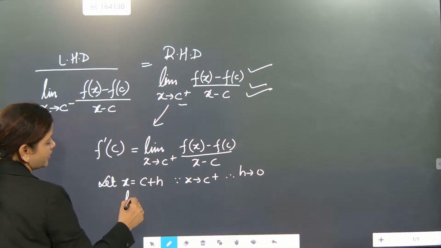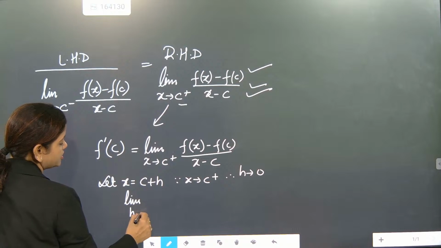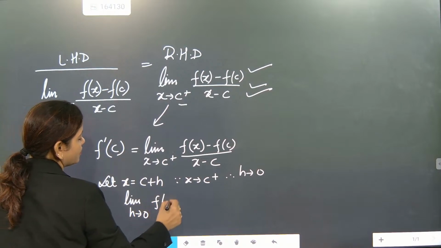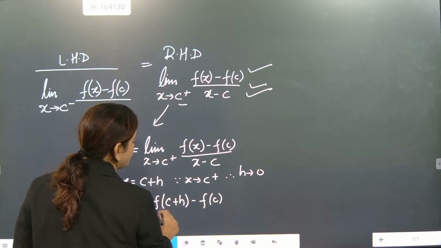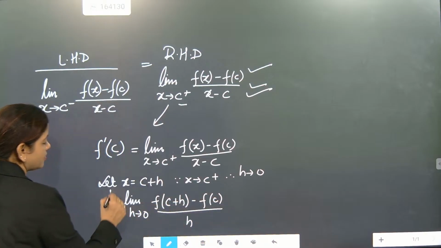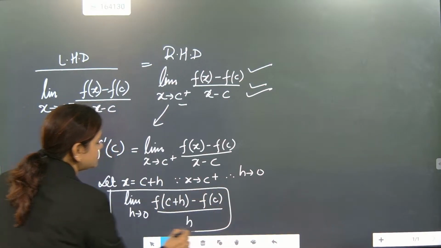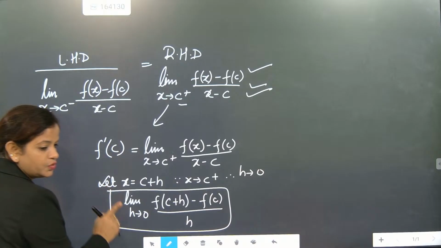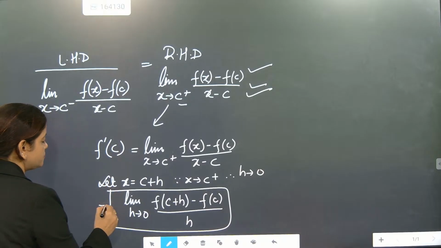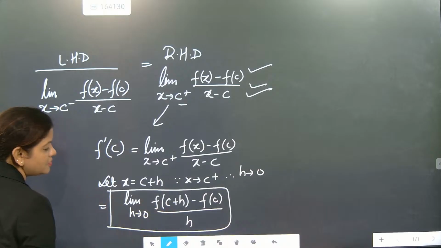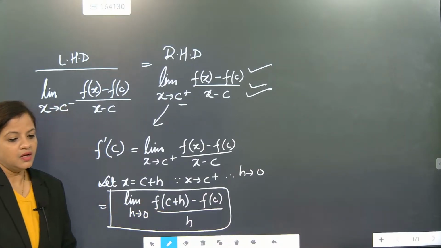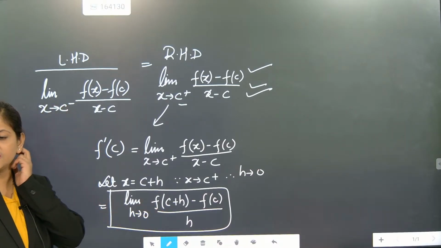So here it will become limit h tends to 0, f of c plus h minus f of c by h. So this will become our formula. Now only this formula we will use to differentiate. Understand this part very nicely. So here this will become c plus h.